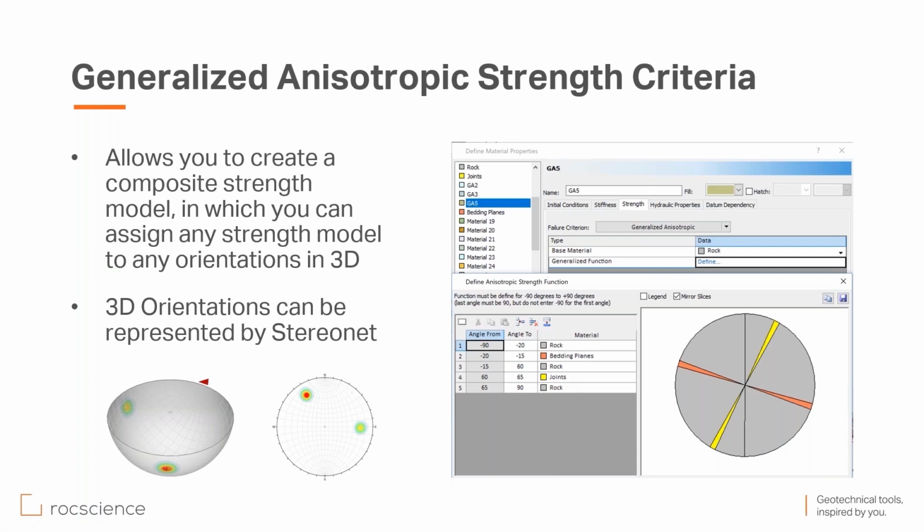Now, when you're looking at a 3D configuration, you can represent these orientations of the bedding planes and the joints by stereonet graphs. You can analyze all that in our Dips program, for example, and bring them into RS3 and Slide 3.